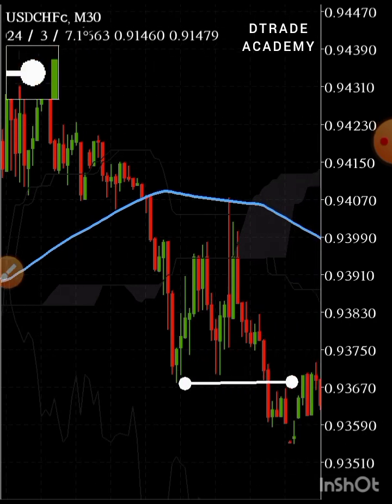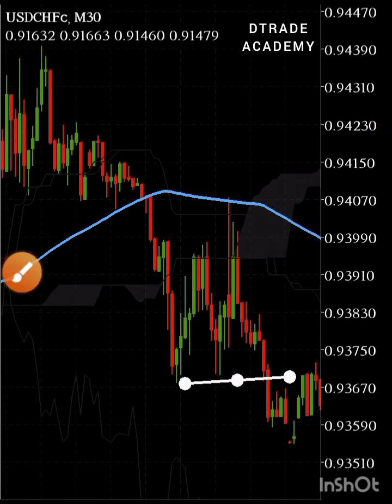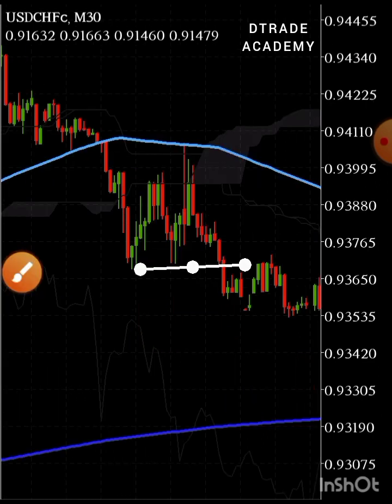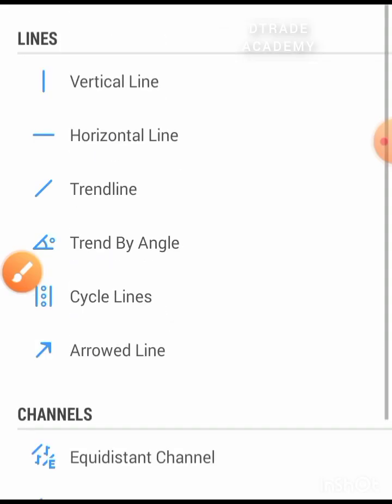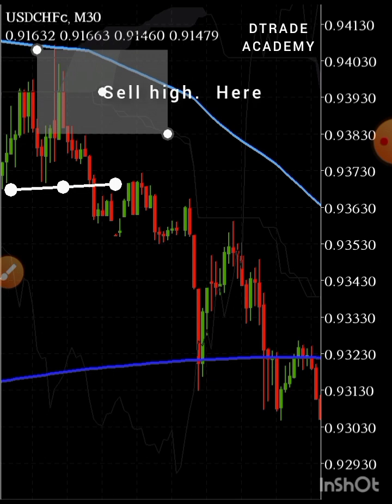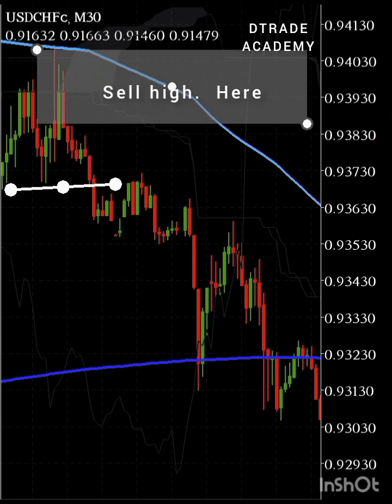So when we mark this, this candle broke our low. So what do we do? How do we mark our supply zone? With the last reversal candle responsible for that push, you mark it and extend it. So when price comes there, we sell.